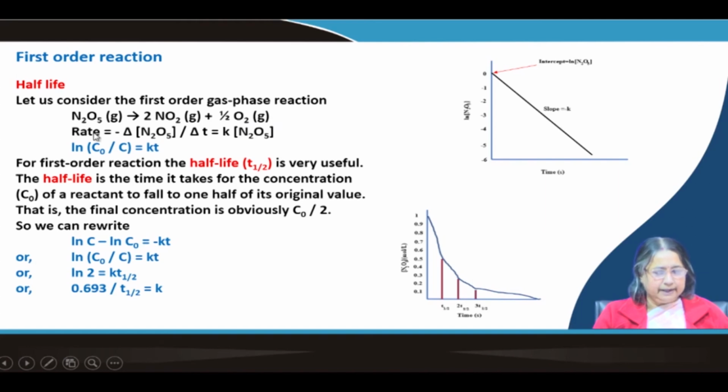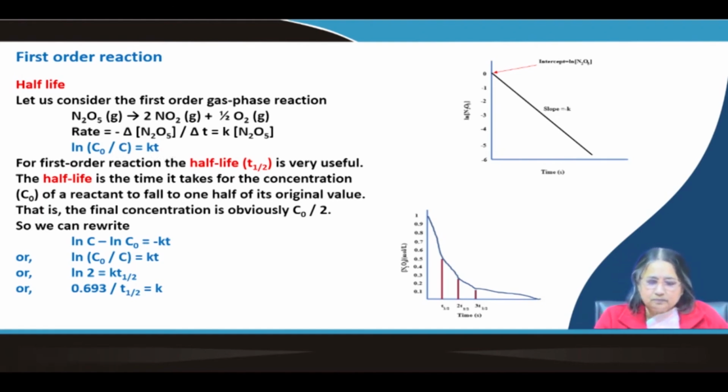The rate of this decomposition of N2O5 you can write in this fashion, and here instead of writing C of N2O5, only a concentration term is written. To make it simple, you can write that ln C0/C equals kt, which was already explained in the earlier, just previous slide.